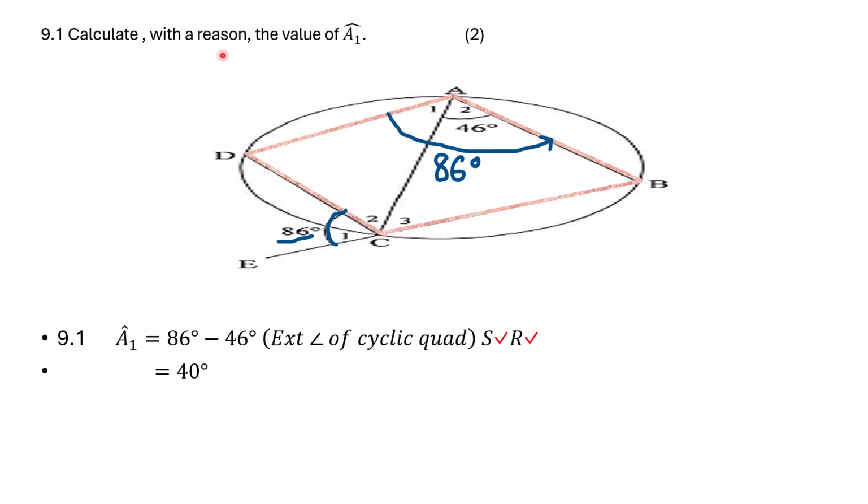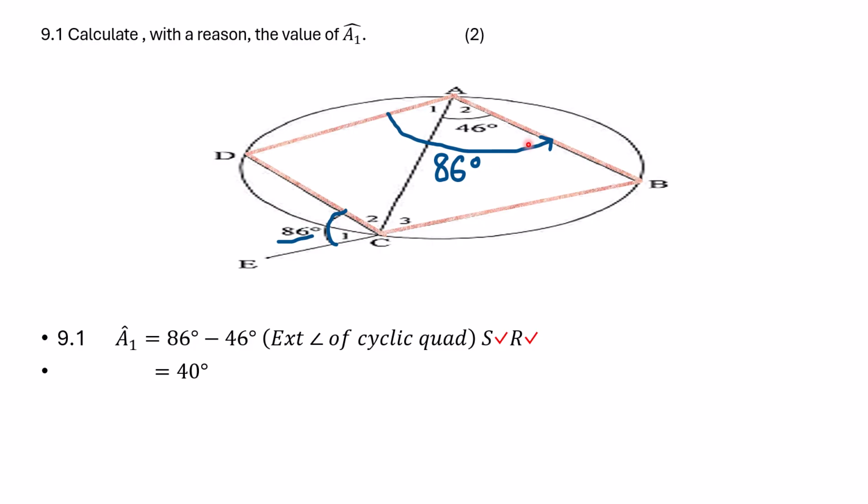Right, so they say calculate with reasons the value of A1. So remember the ABCD is a cyclic quad. They have colored it in gold. So looking at that there, you should see A is on the circumference, B on the circumference, C and D. Therefore, cyclic quad. C1 that's given as 86 there is my exterior angle. You'll see they have highlighted in blue and it's given as 86. Now, according to Theorem 6, the exterior angle of a cyclic quad equal the opposite interior angle.